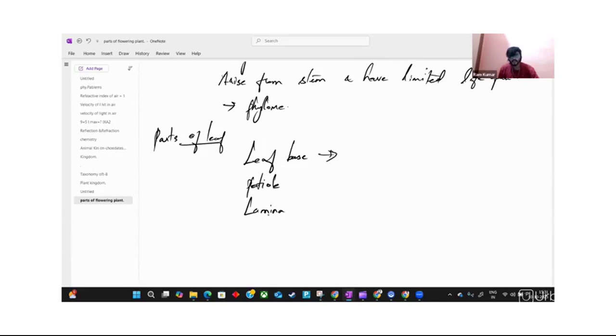The leaf base, also called the hypopodium, is attached to the stem and acts as a bridge between the stem and the leaf. The petiole holds the whole leaf, which means the lamina. It is also known as the mesopodium.